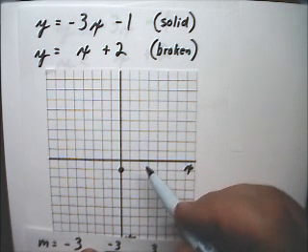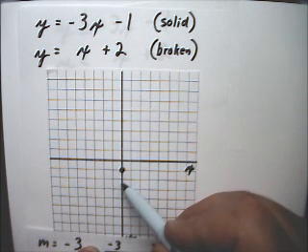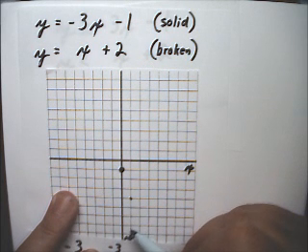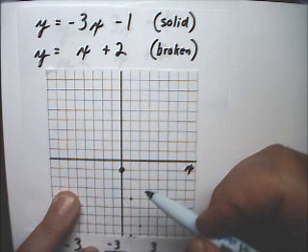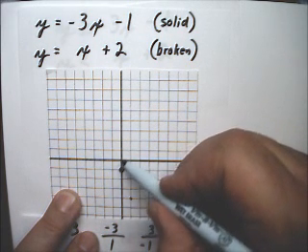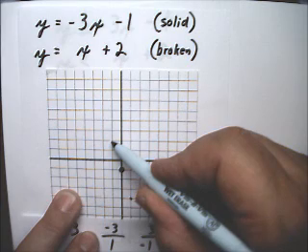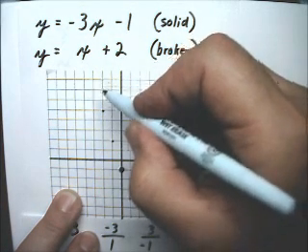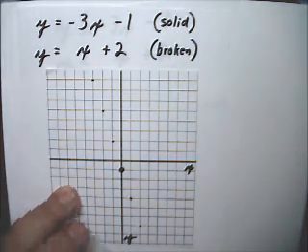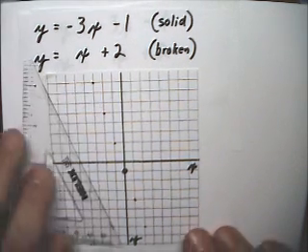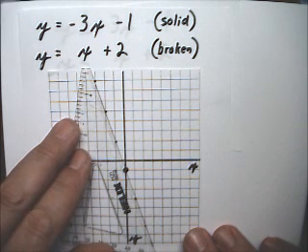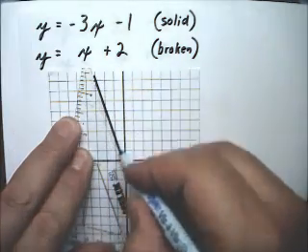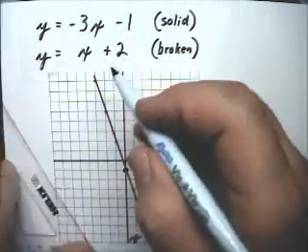So down 3 and to the right 1, or up 3 and to the left 1, and we have this line, and I'll draw it as solid.